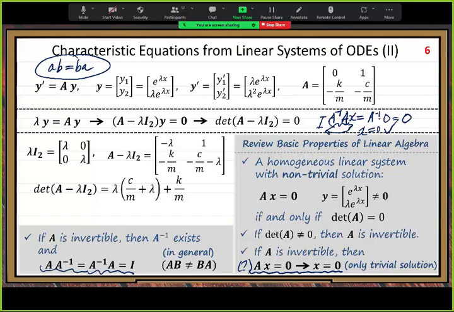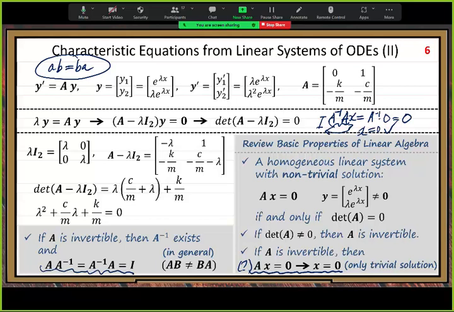Then after simplification, you get the characteristic equation that we had before. This is the characteristic equation we got from the original second order ODE.